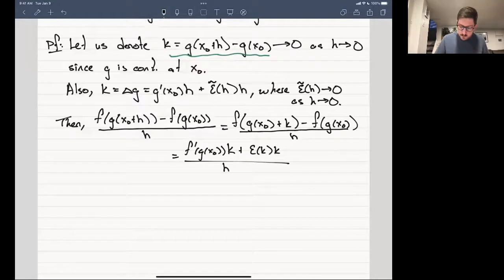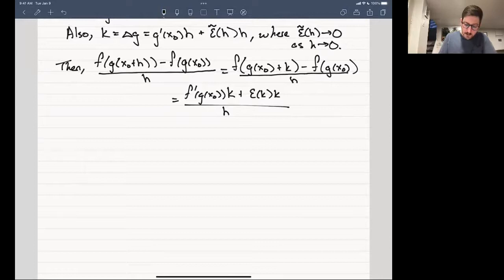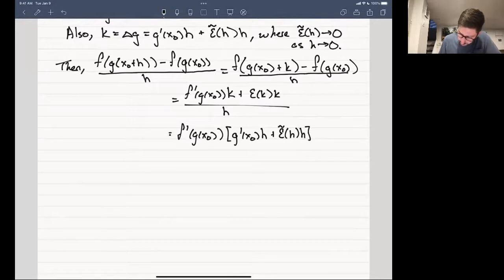That might help simplify some of the notation here. Okay, nonetheless, now I've got the top in terms of k's and the bottom in terms of h's. Now we know k is a function of h. Let's unpack it. Let's open it up. We know that k is equal to, so let me write this out, g prime of x0 times h plus epsilon tilde of h times h.